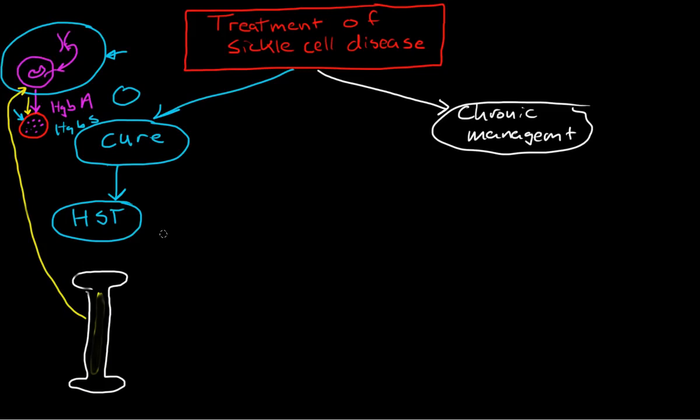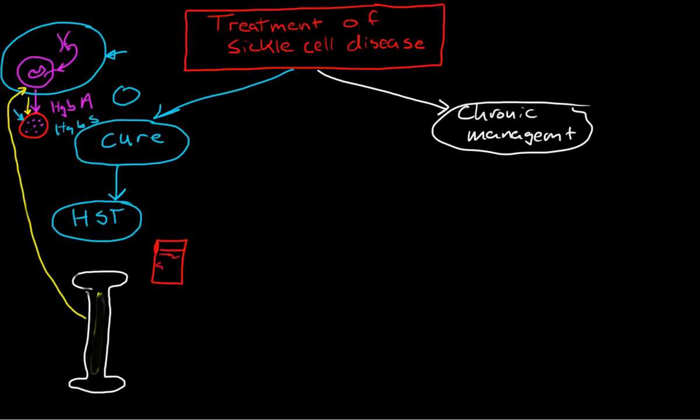In the case of sickle cell disease, the healthy donor has to be a sibling, and the sibling has to have closely matched genetics, and also has to not have sickle cell disease.